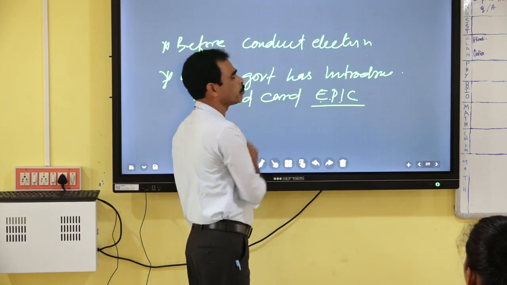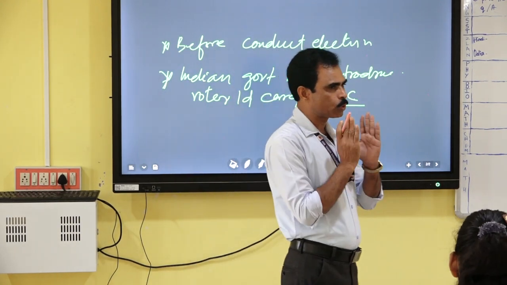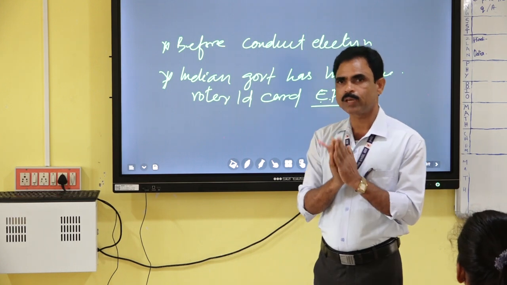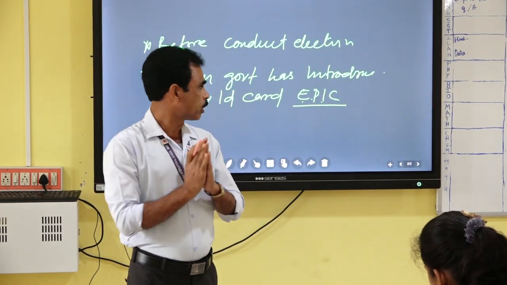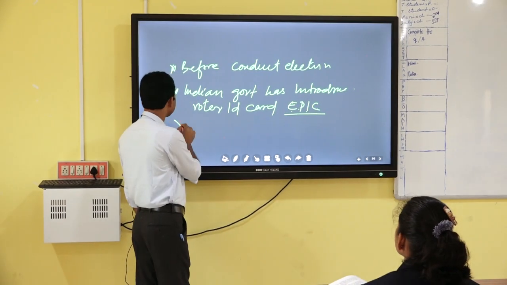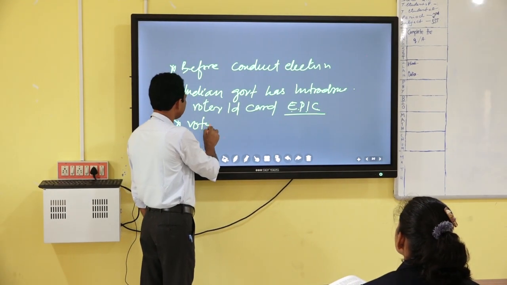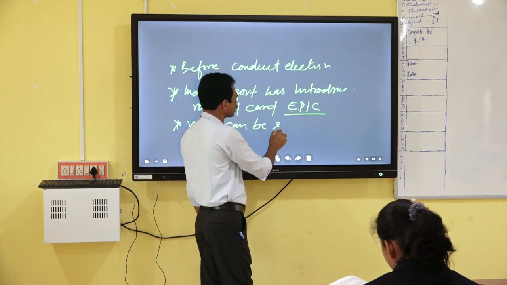So this is not mandatory, it is not compulsory to carry it to give the vote. Except for this voter ID card, a voter can show other proofs. What are those?